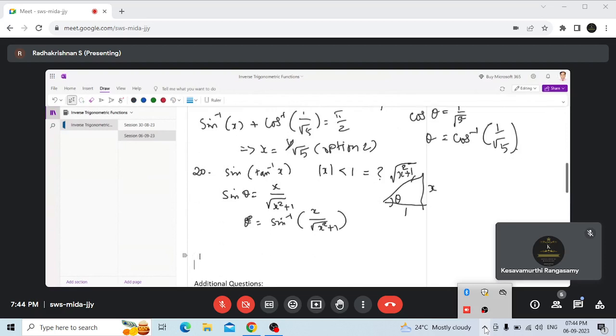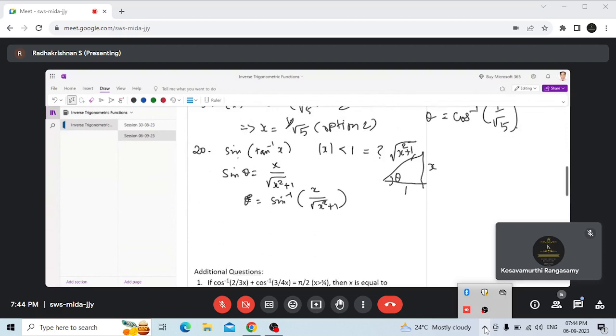So sine of sine inverse of this expression will simply become x by root of x square plus 1. So is that the option you choose? It's given, right? x by root of 1 plus x square. Option number 4.